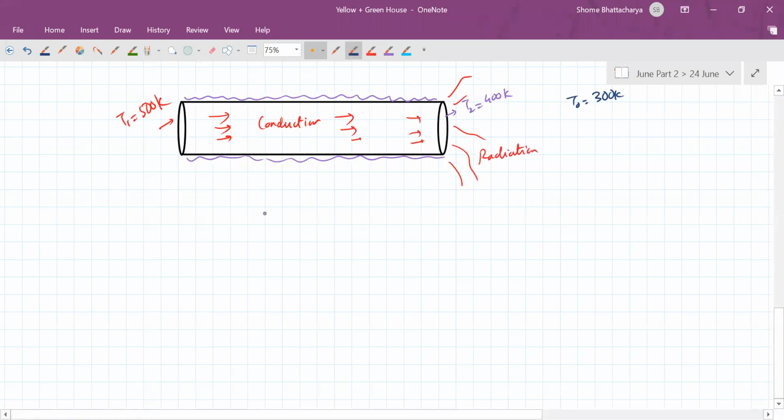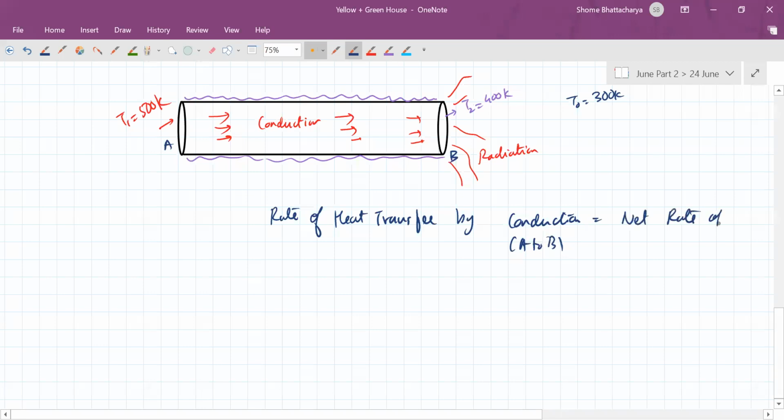So the rate of heat transfer by conduction, from A to B, must be equal to the net rate of heat loss by radiation at the surface.